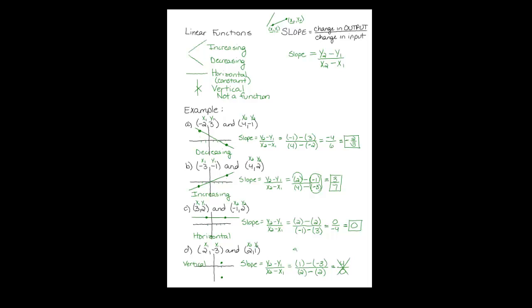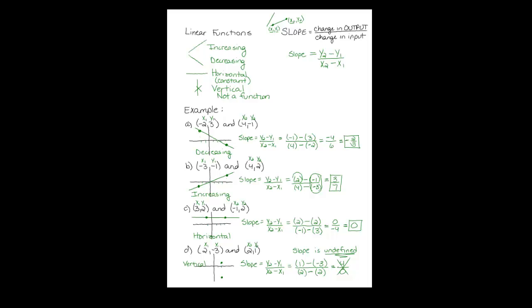So here, the slope is undefined. It does not exist. A vertical line has no slope. All right, so generalizing what it is that we've done here, whenever we have a line that is increasing, that means that as the input increases, so does the output.